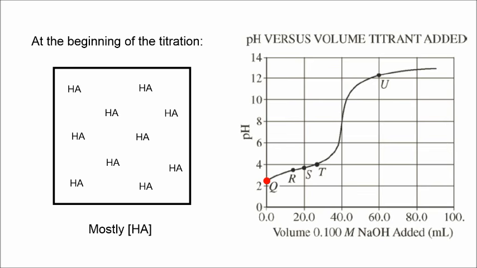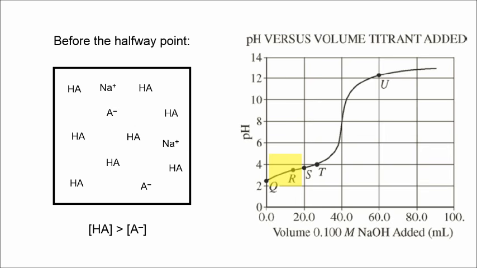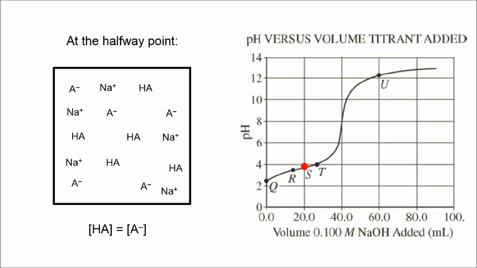If we begin the titration with a weak acid, HA, then there's mostly HA in solution at point Q before the titration begins. Now, anywhere in this region, before the halfway point, there should be more HA than A minus. At halfway to the equivalence point, there should be an equal concentration of HA and A minus.